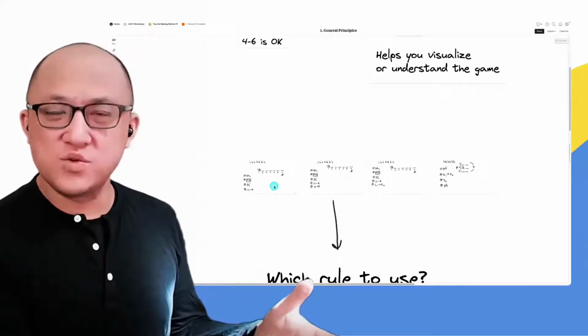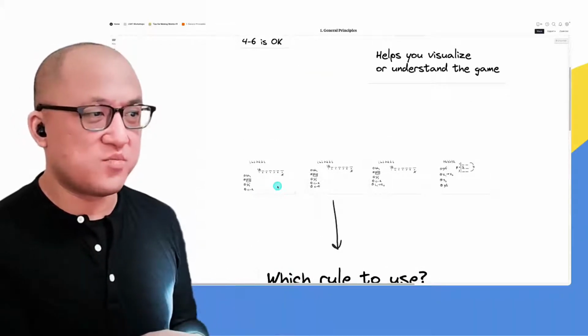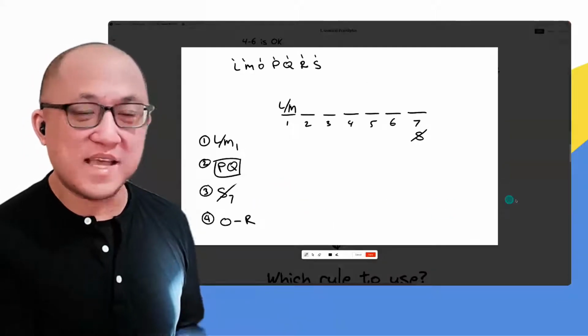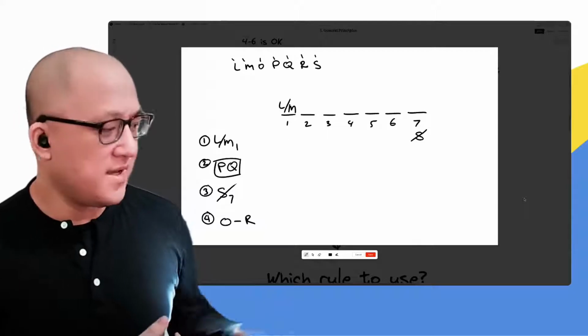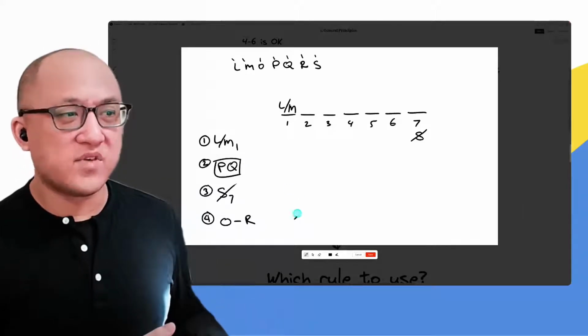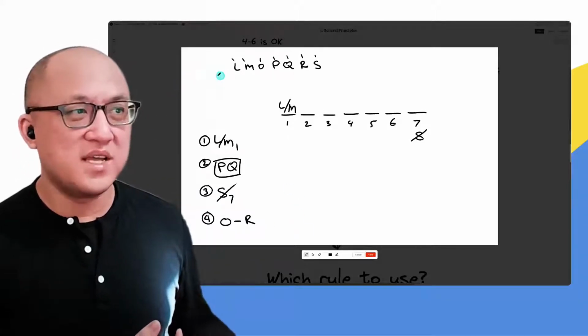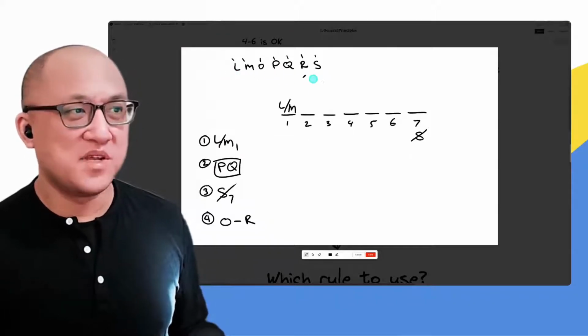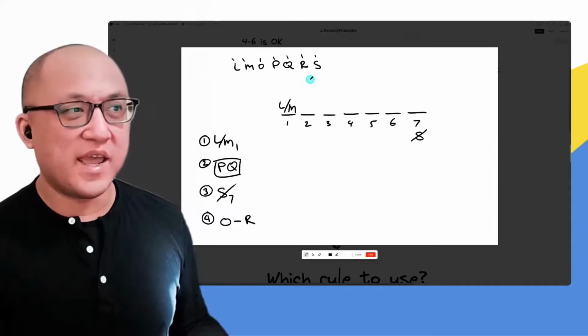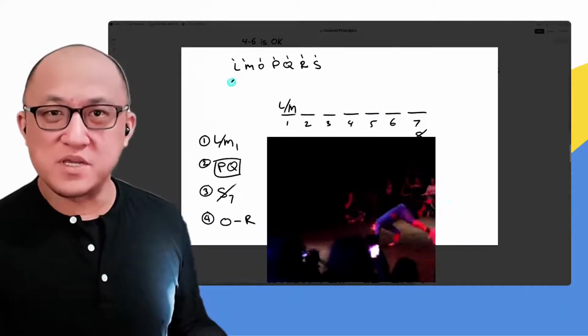Now I wanted to just practice a little bit our assessment of whether we should make worlds on a couple of examples. So here we have an ordering game where we have 7 different variables. Let's say these are 7 people who are engaged in a b-boying competition, all right?